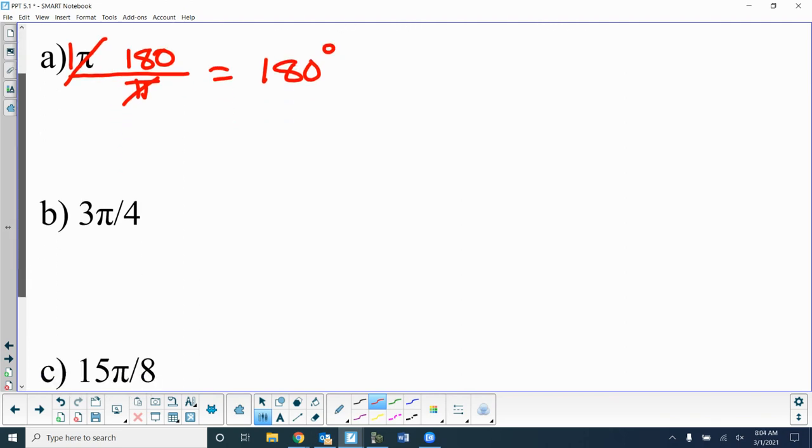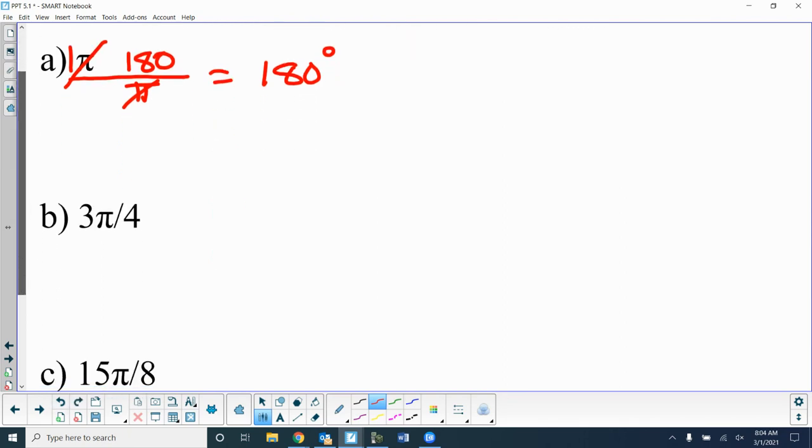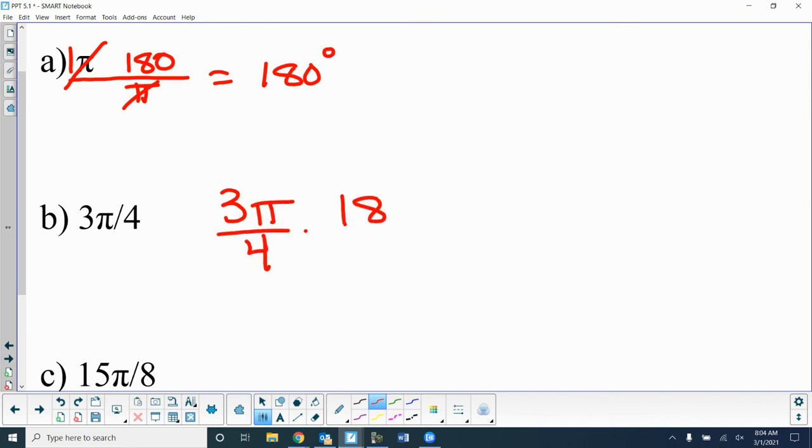Okay, 3 pi over 4. Again, I wrote it with the slash, but on my paper, I would have done it like this. So that goes like that. Okay.